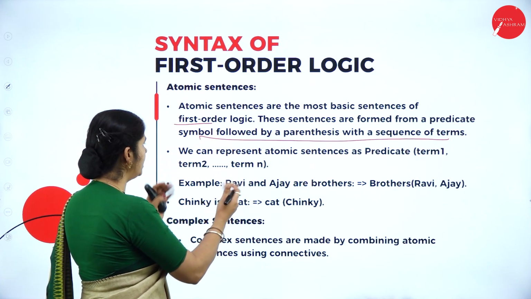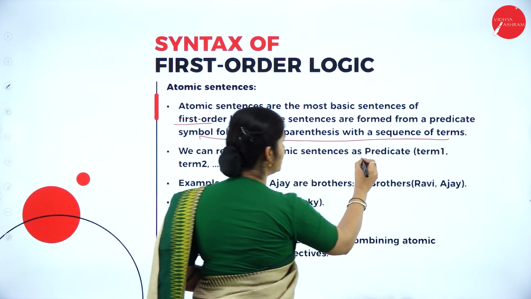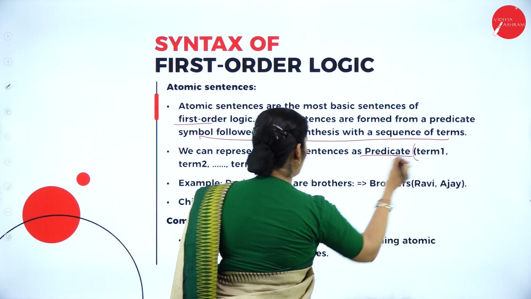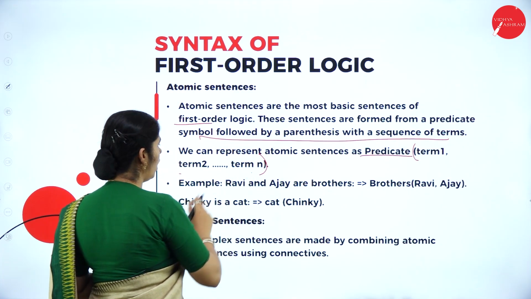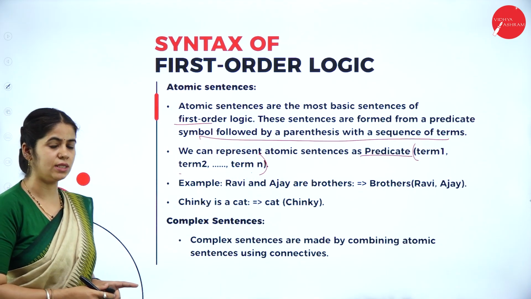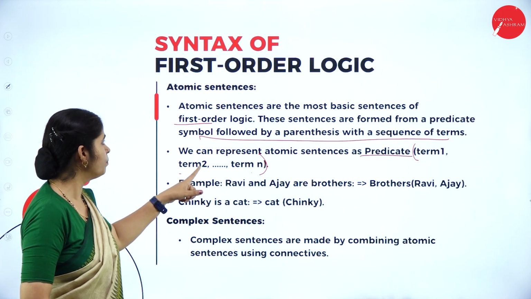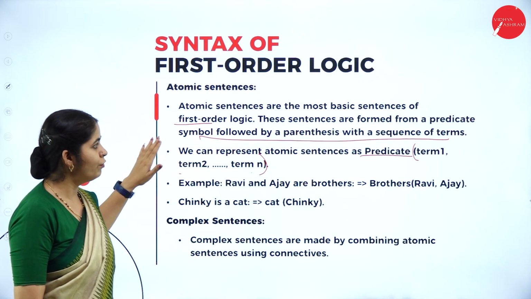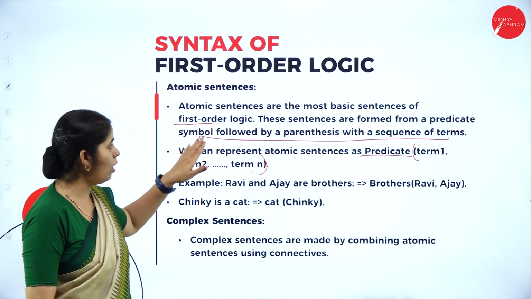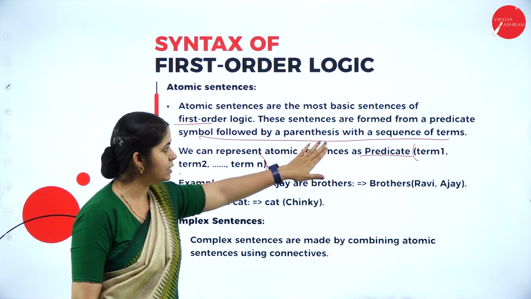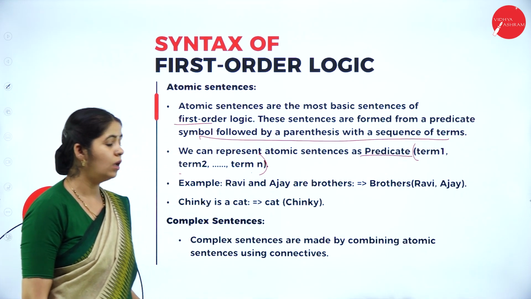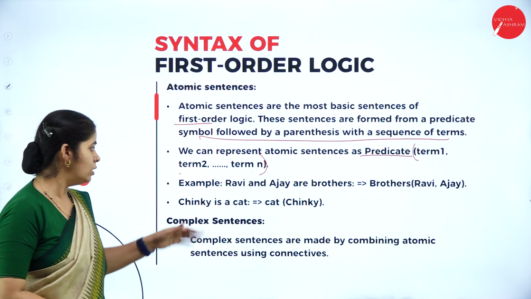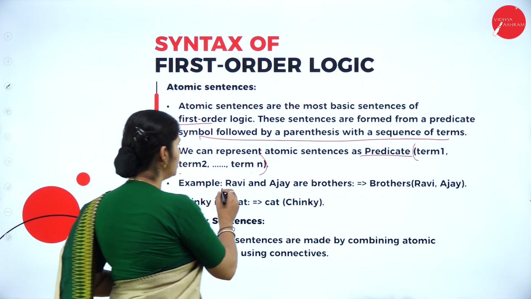So here you can take the example of how we are going to represent a predicate. In this, the object has to be passed as a parameter. For example, we can say Ravi and Ajay are brothers.